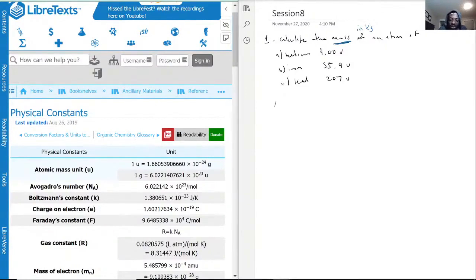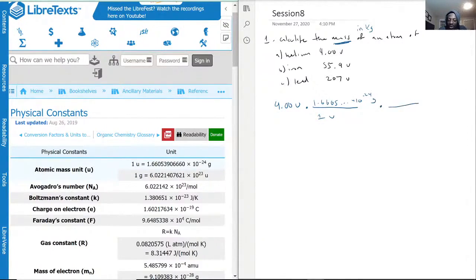For this, we have 4.00 units for helium. If we wanted to find out the mass in grams first, we would say 1 unit down here and 1.6605 times 10 to the negative 24 grams.